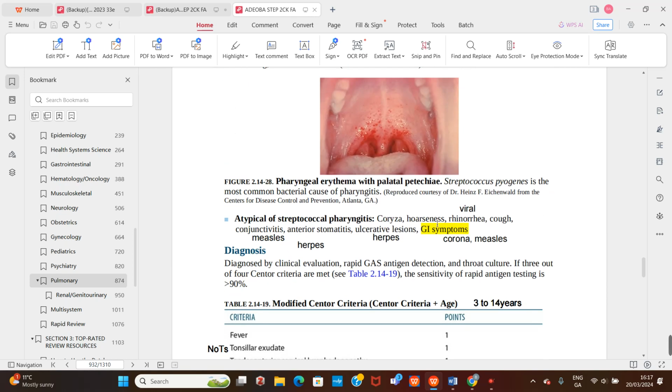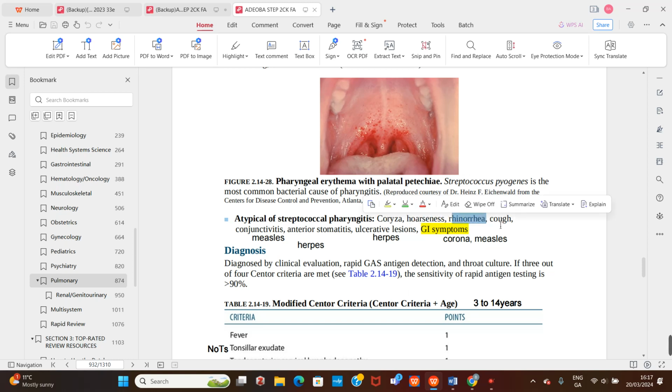So once you get all these features, you know that it's not in keeping with group A streptococcal pharyngitis. What are these symptoms? Coryza, somebody having a runny nose, like what you have in viral infection like measles. Hoarseness of voice is not in keeping. Rhinorrhea.